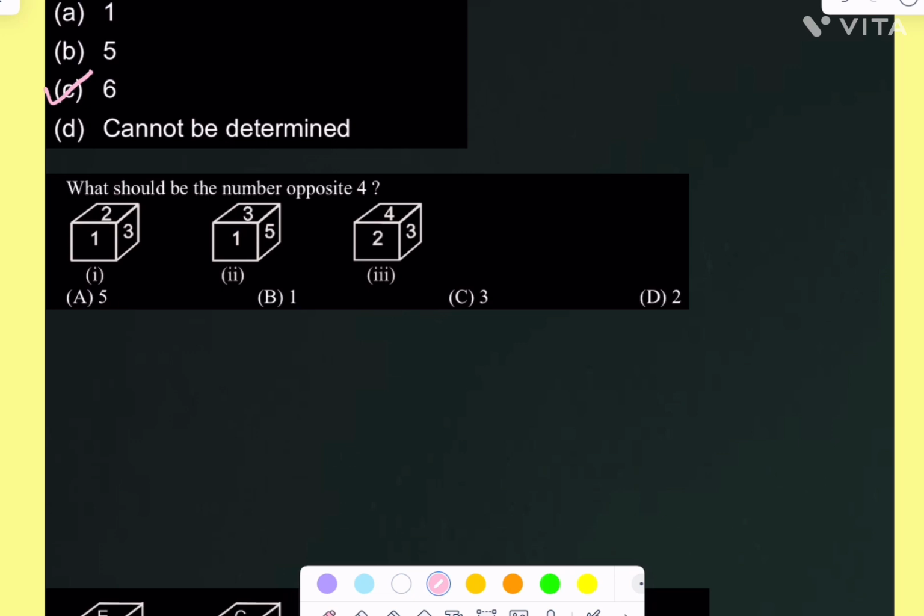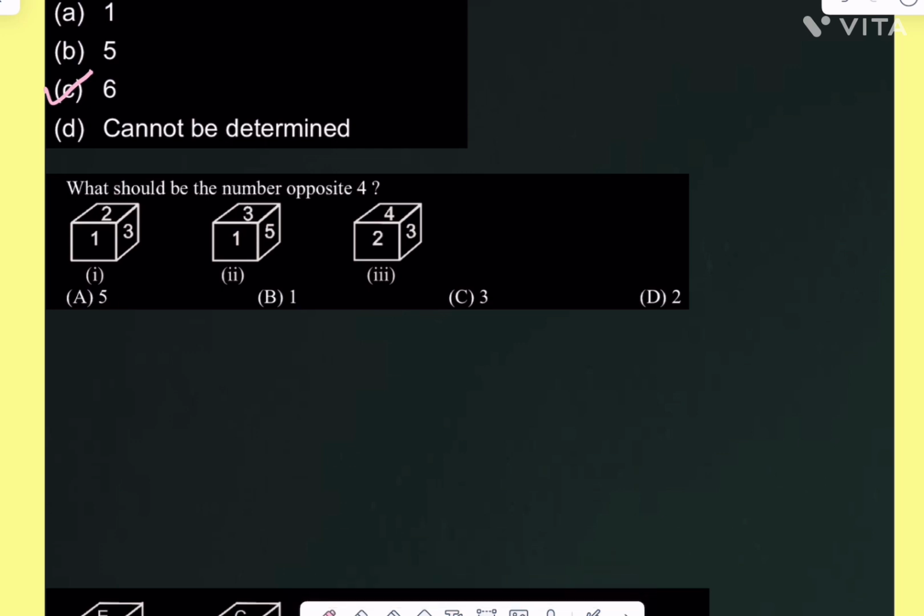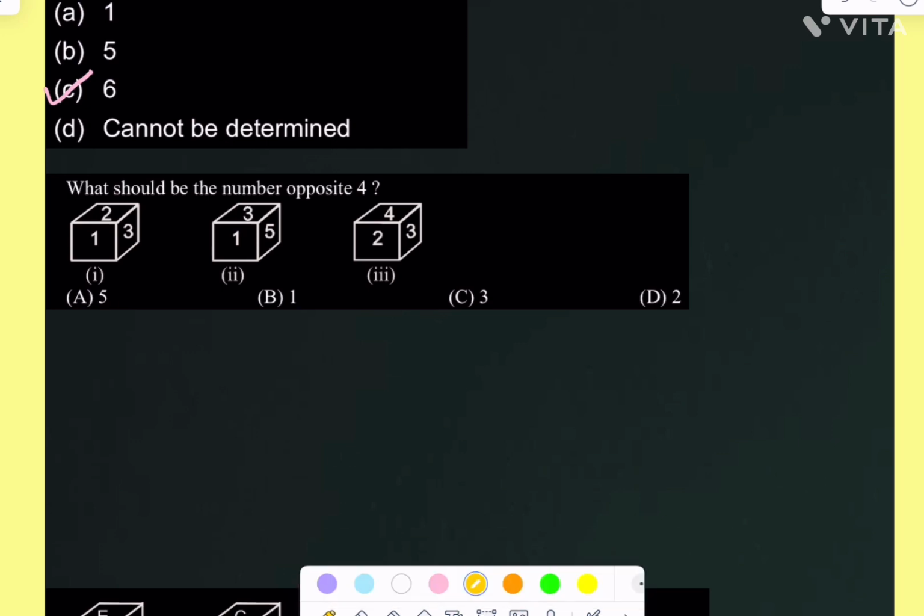What should be the number opposite to the 4, they are asking, right? And we'll check it, different positions of the dice are there. In this dice case, if I'm taking 1 and 3, so two different positions case, two faces are common, and the remaining faces are opposite to each other, and 2 and 5 are opposite to each other, right?